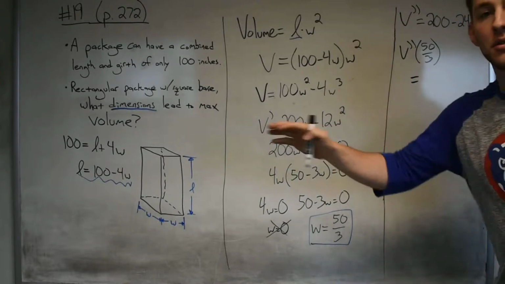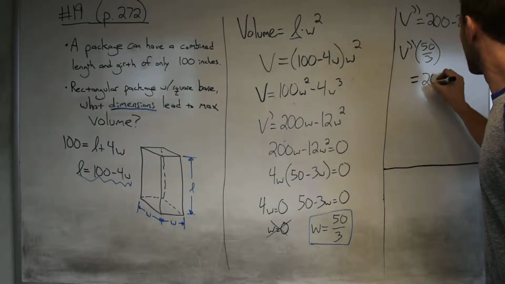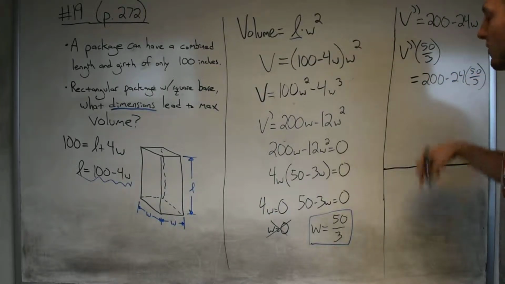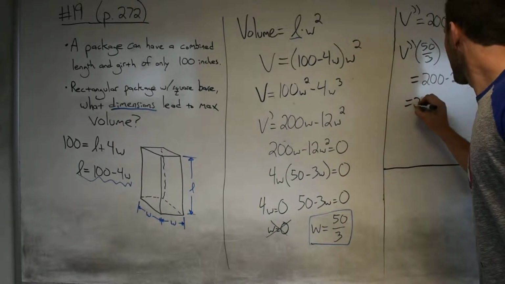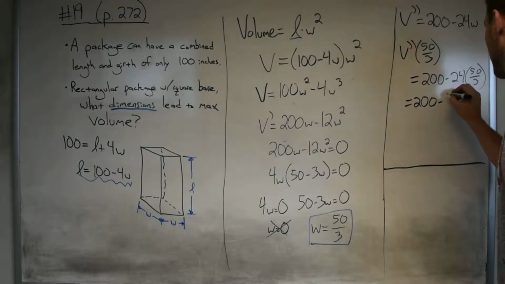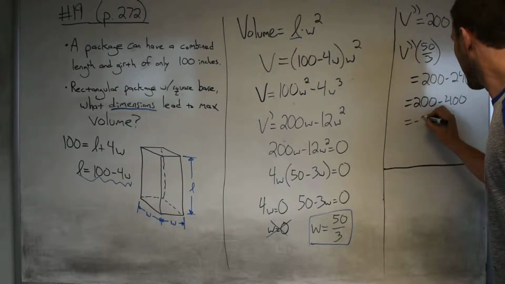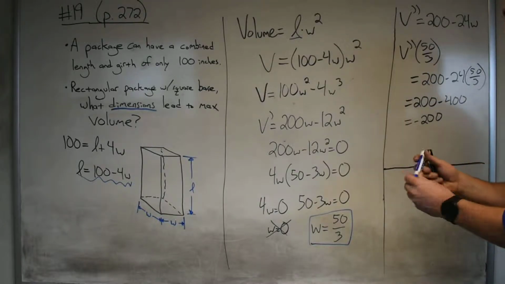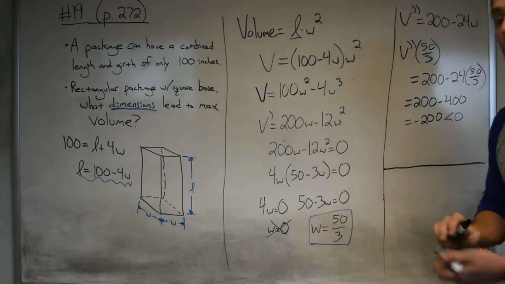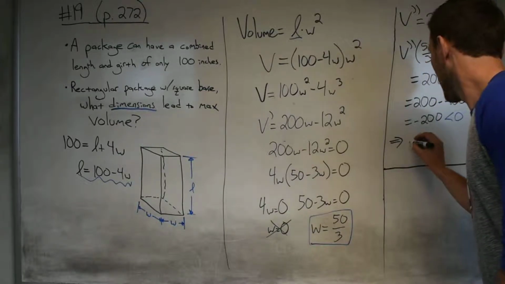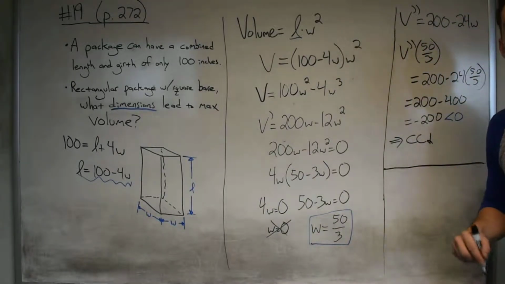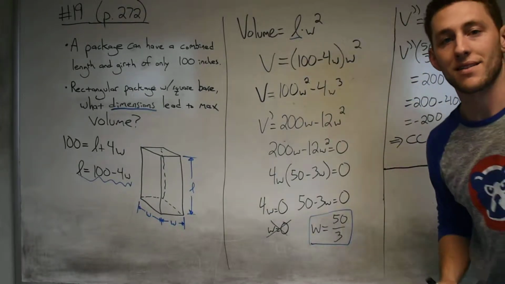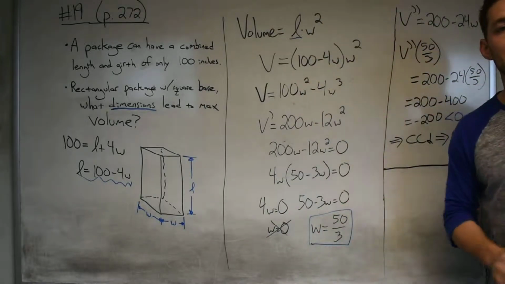That better equal 200 minus 24 times 50 over 3, or just 200 minus 400, or negative 200. Since that's less than 0, I'm concave down, which means I'm a max. So this point really does check out for me.